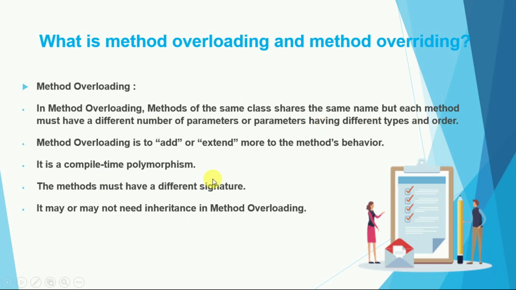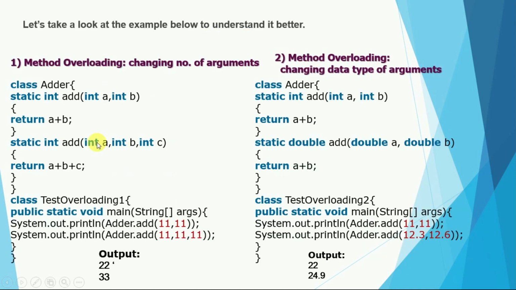Method overloading is used to add or extend the method's behavior. It is also called compile time polymorphism, and the methods have different signatures but the same name. It may or may not need inheritance. Let's take a look at the example below to understand it better.